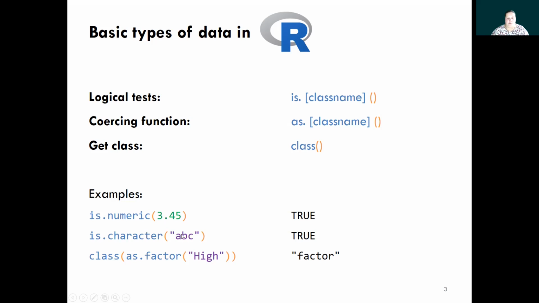You can check if the string ABC is a character, and again, you would get the output TRUE. And if you're using the function class, as I said before, you would get the actual name of the class. So I've used the as.factor function here to coerce the string hi into a factor and have then wrapped this into the function class, which then tells me that indeed hi is now a factor.